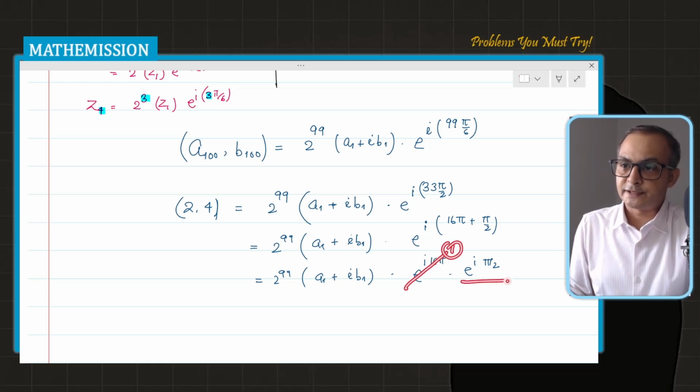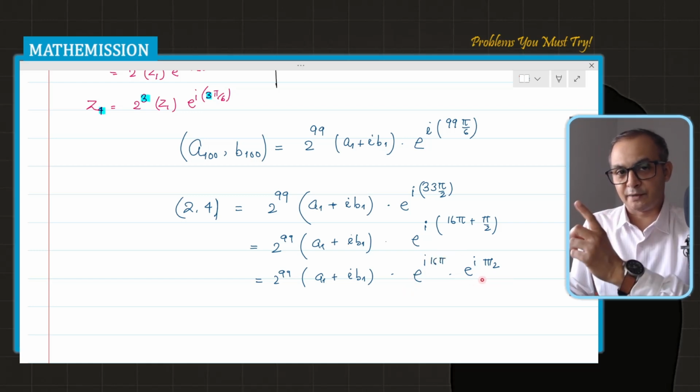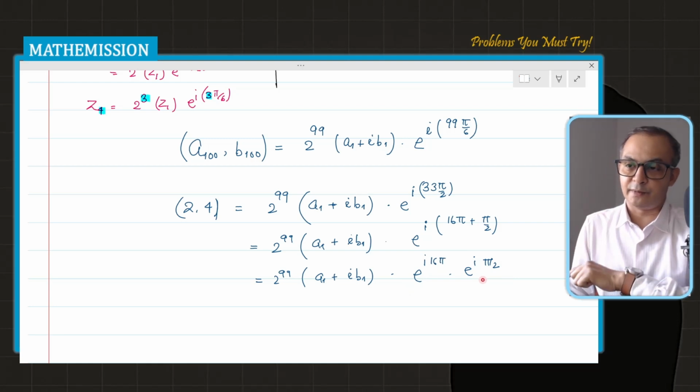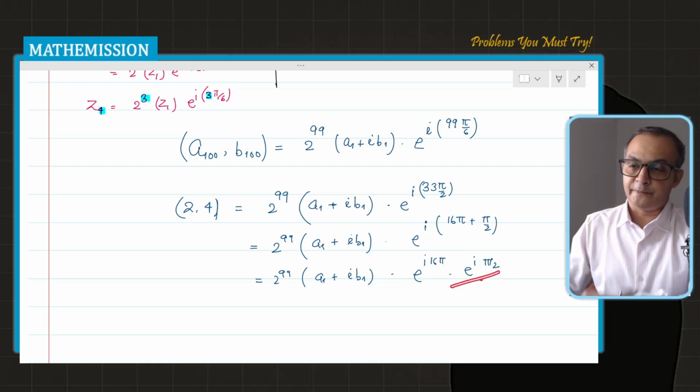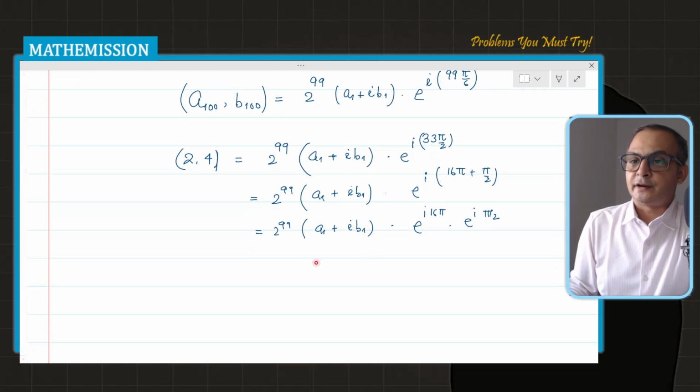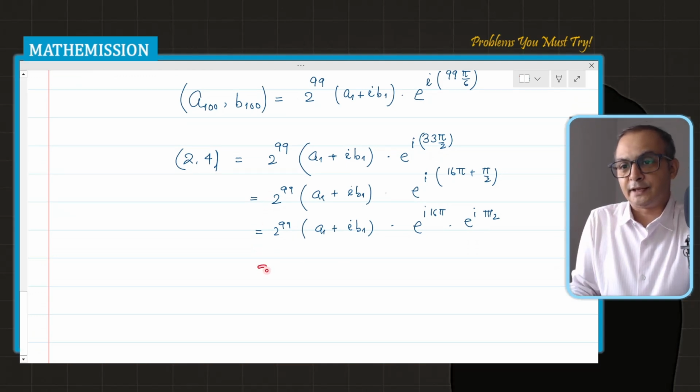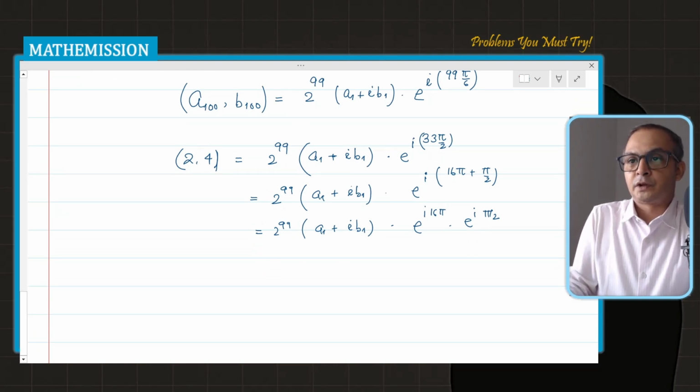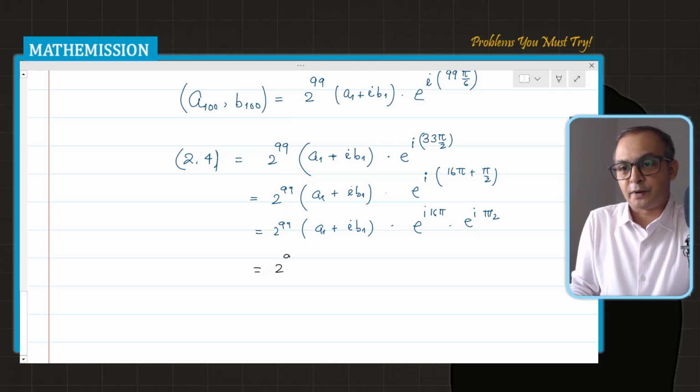So we are left with this, and this will give you cos pi by 2 plus i sine pi by 2. So that is going to be i. So I can write safely this whole thing as i here. So this is nothing but 2 to the power 99 and A1 plus iB1 times i.